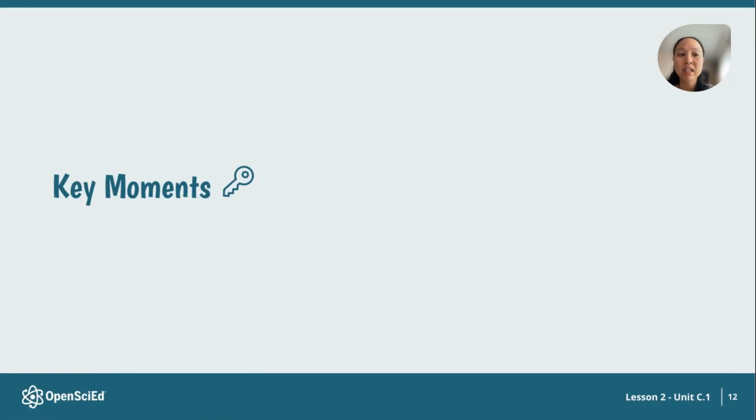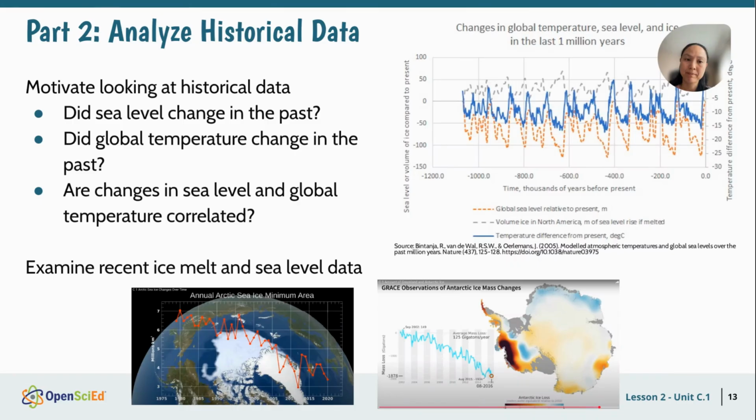Let's take a look at the key moments in lesson 2. One of the things we wondered at the end of lesson 1 is whether people have been affected by sea level rise before. So we analyze data from a million years ago.